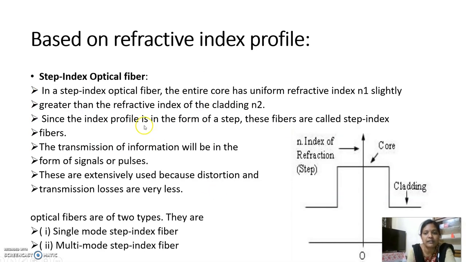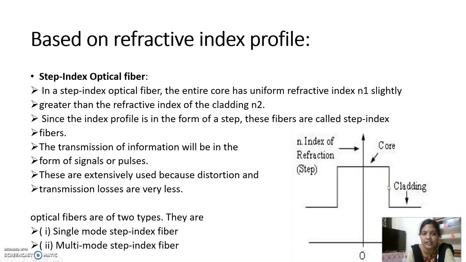Now based on refractive index, it is classified into step index and graded index fiber. Step index, if you see this figure, we have uniform refractive index of the core and uniform refractive index of the cladding. So the refractive index is varying step by step from the center of the core to the cladding.